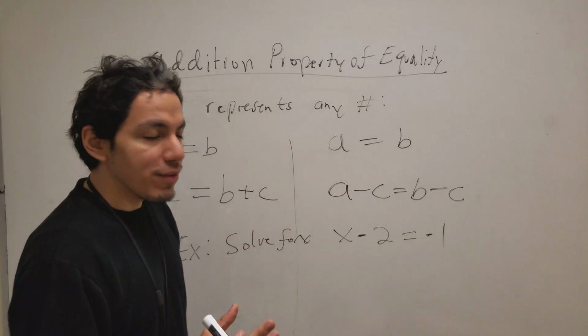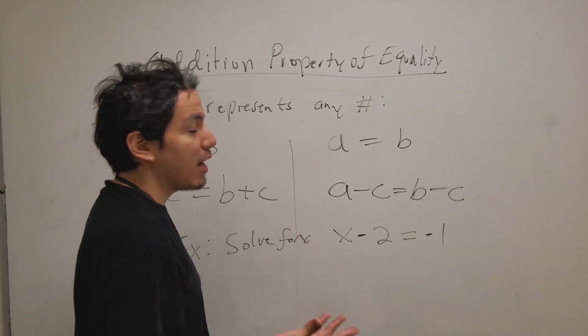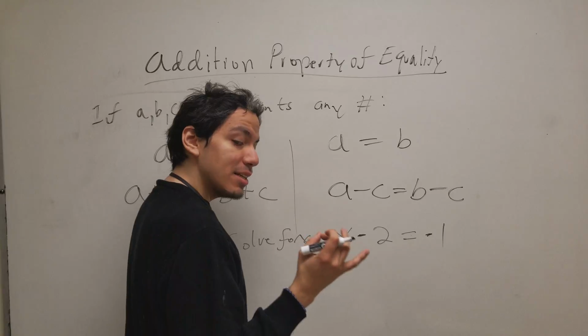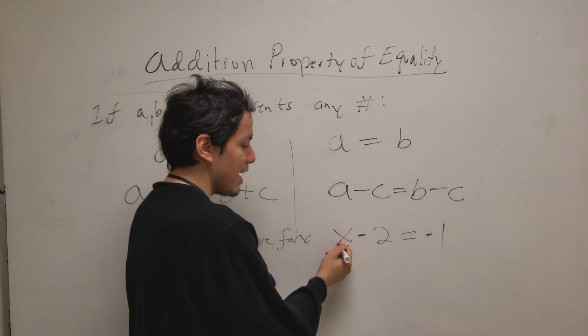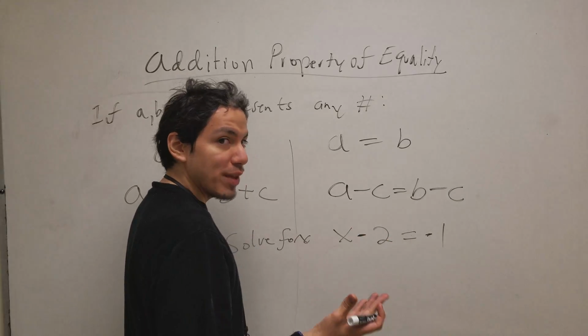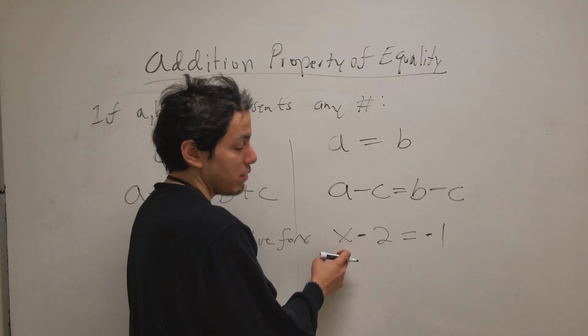Now, the point of this is this. A lot of students, when they see this, they look at it and they're like, I don't know what the heck to do. So the key idea is this. To solve for x, you have to make certain x is by itself. That shows you that you've gotten the answer if you actually get x by itself.